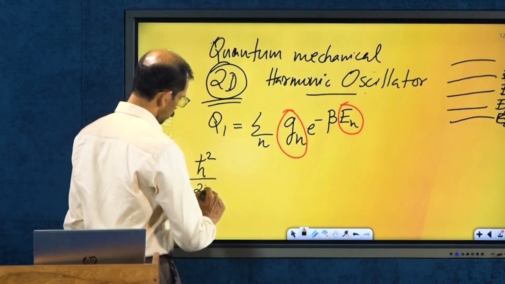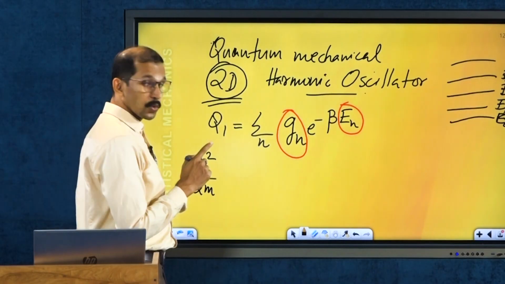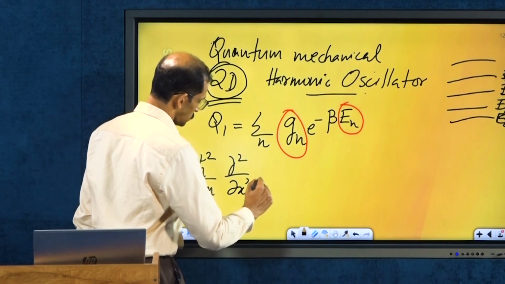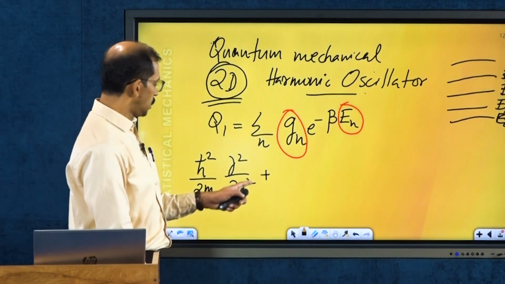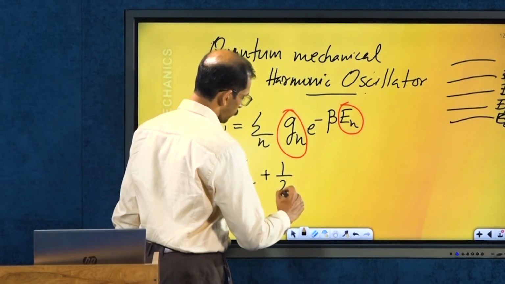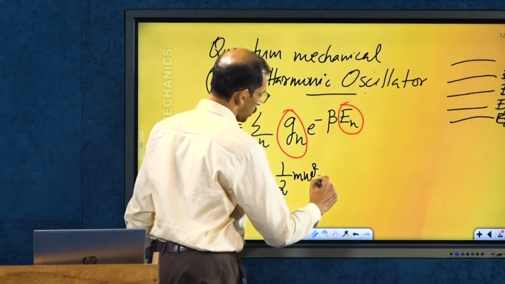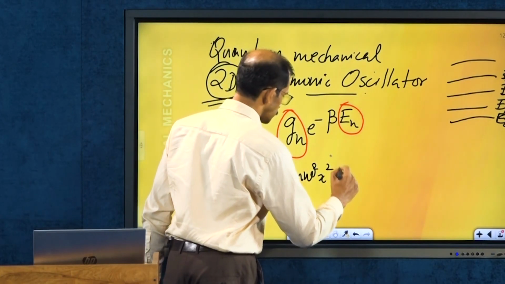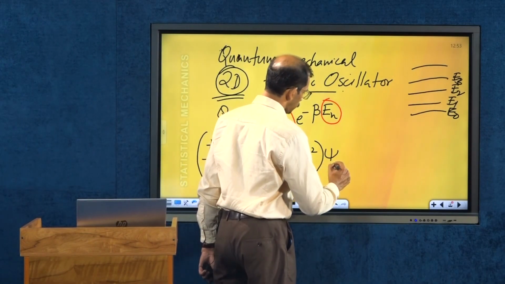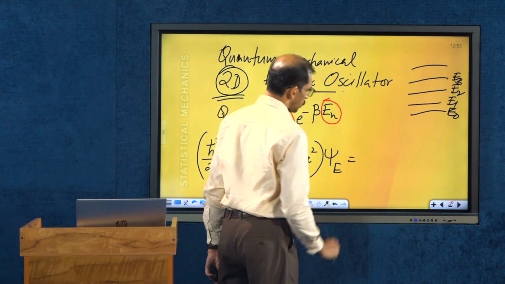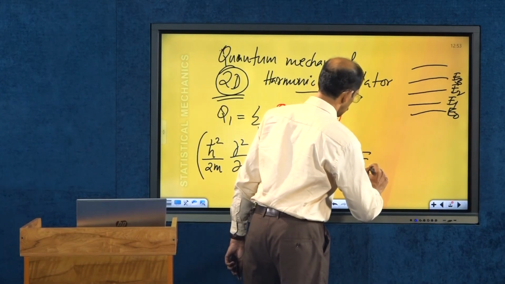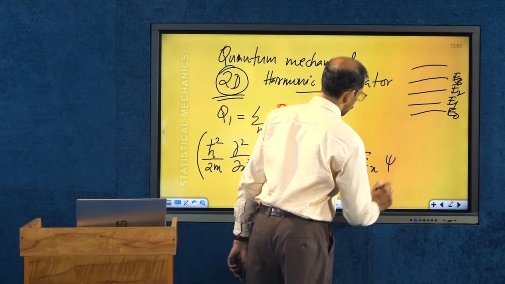It is minus h cut squared by 2m into dou squared by dou x squared, plus we need to write the potential energy part, which is half m omega squared x squared, acting on the wave function psi, equal to Ex psi.